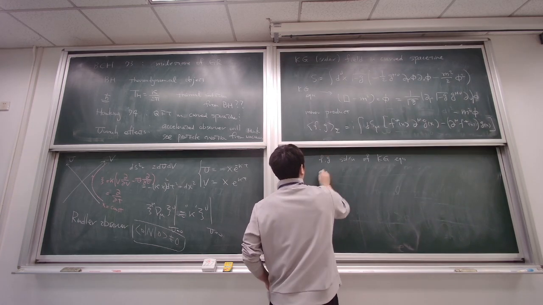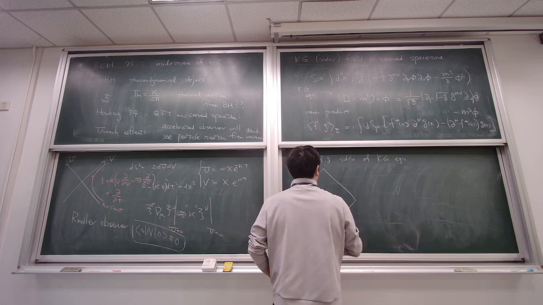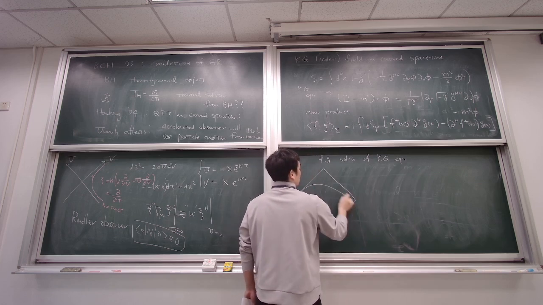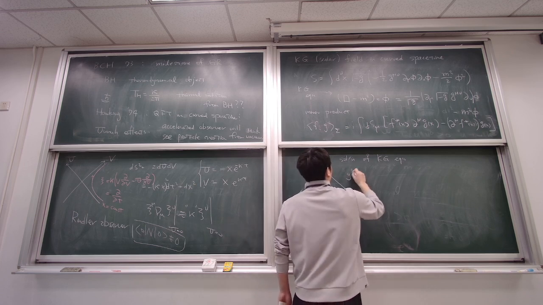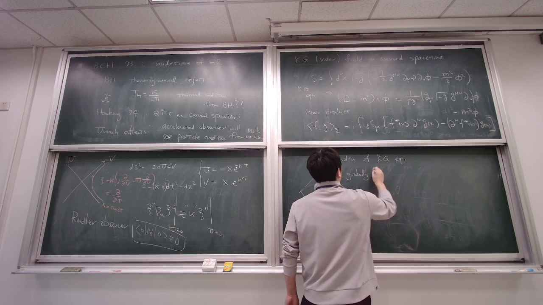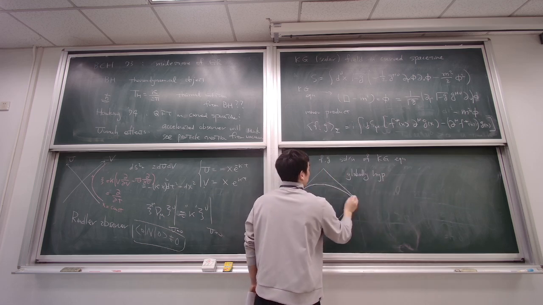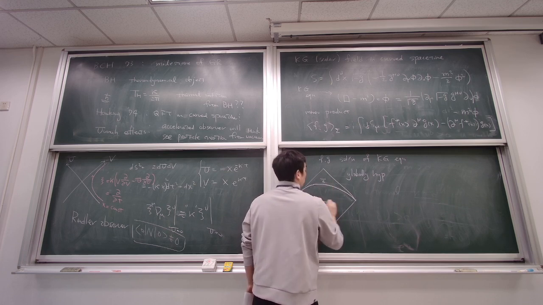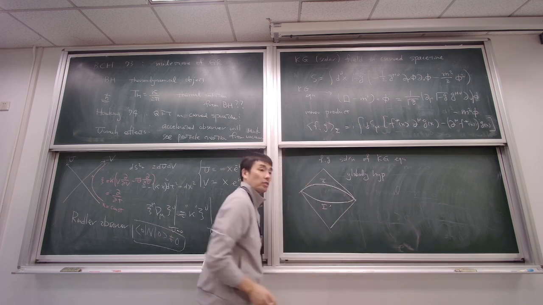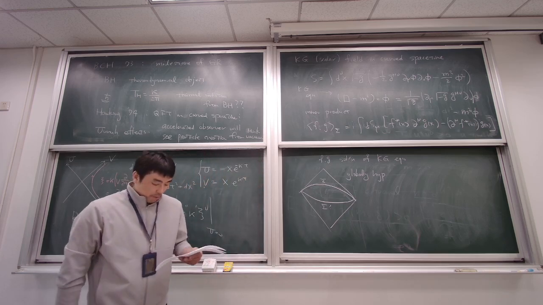And here we just consider sigma is some special surface. Whatever is okay. Let's consider globally hyperbolic, so therefore the Cauchy surface is there. So it's some sigma or sigma prime. Whatever is okay.